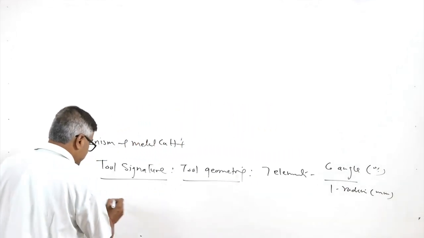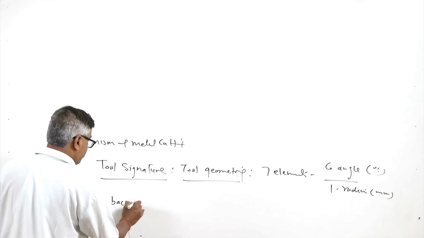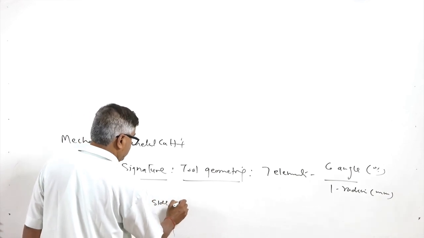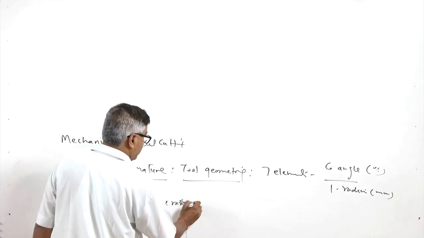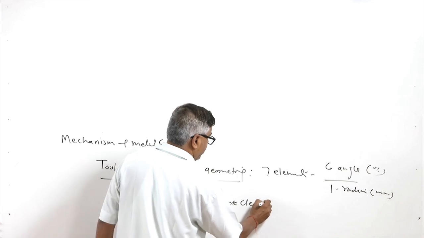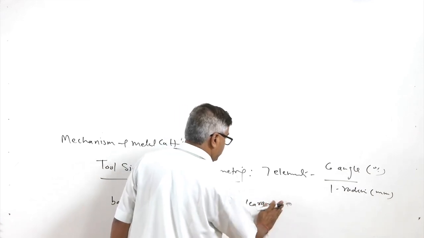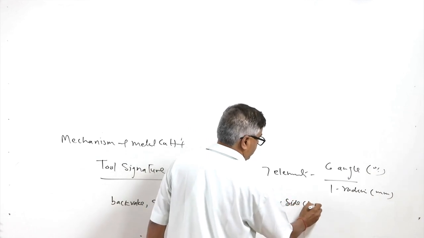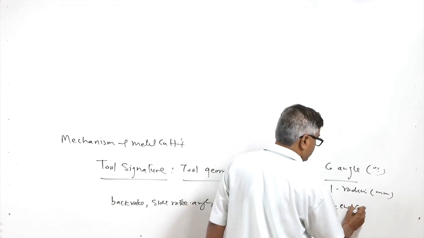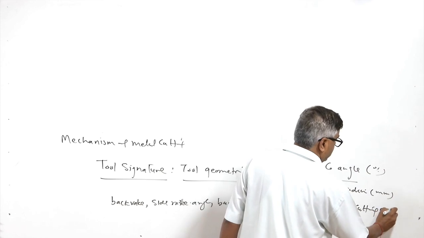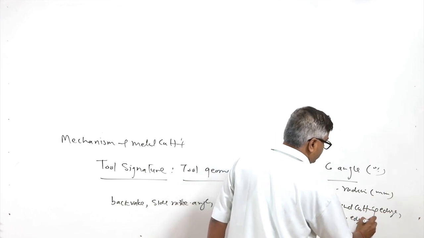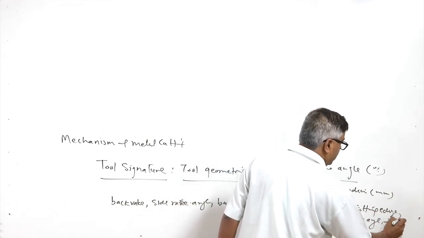So, it starts with the back rake angle, then side rake angle, and clearance angle, side clearance angle, and then end cutting edge angle and side cutting edge angle, and the last one is the nose radius.